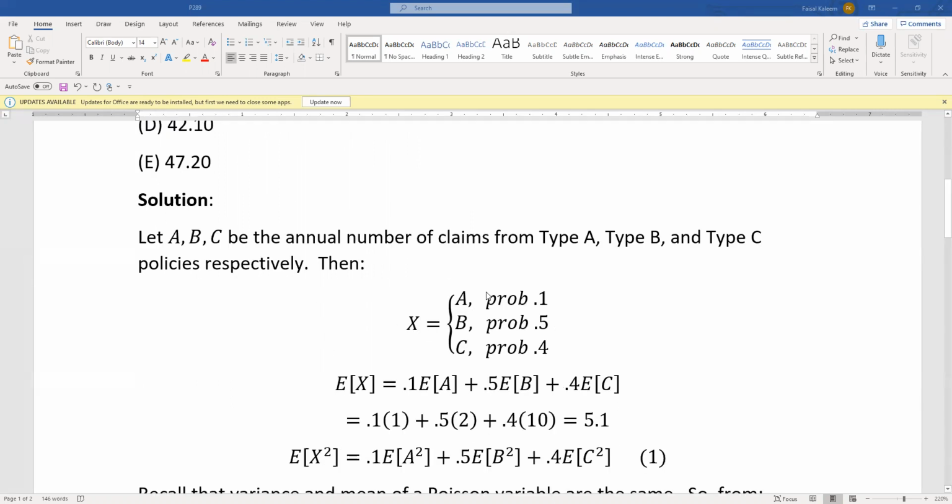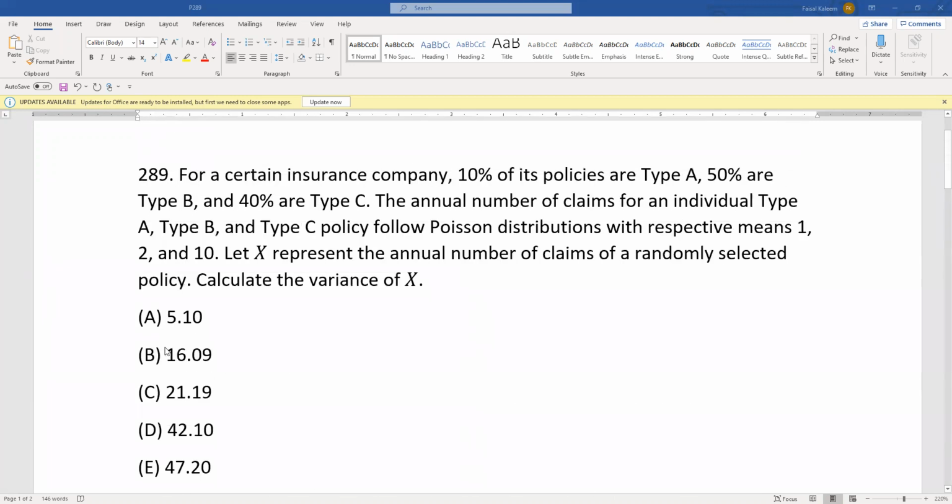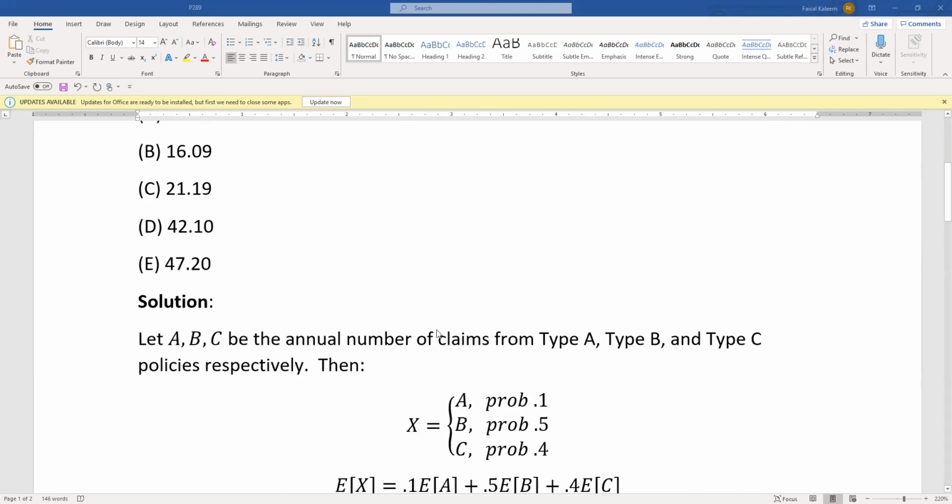So we know that in this kind of a situation, E of X would be 0.1 times E of A plus 0.5 times E of B plus 0.4 times E of C. And E of A is the mean of the Poisson variable A, and the means of the three Poisson variables are 1, 2, and 10.